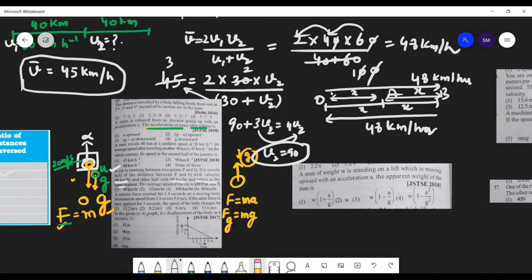So when the average speed is 48 on this side and 48 on this side, what will be the total average? Of course it is the same. Got it, students? So the average is 48 kilometer per hour. Now let us do another question.